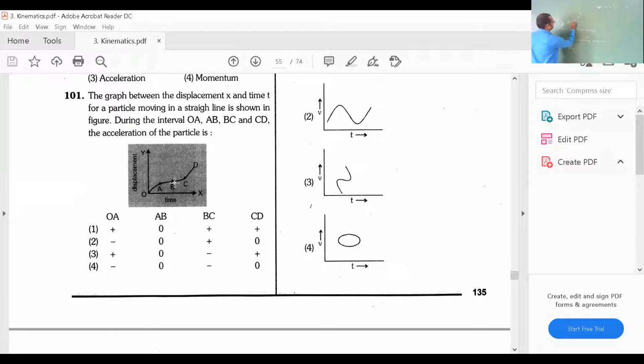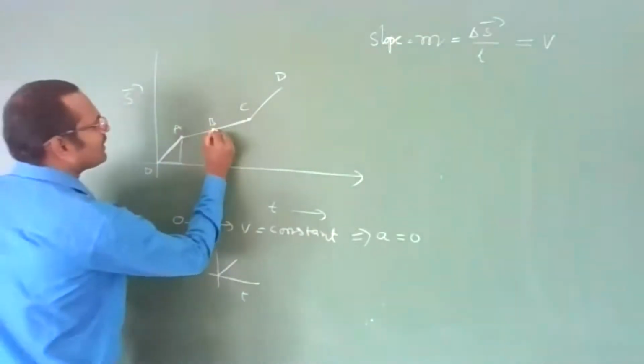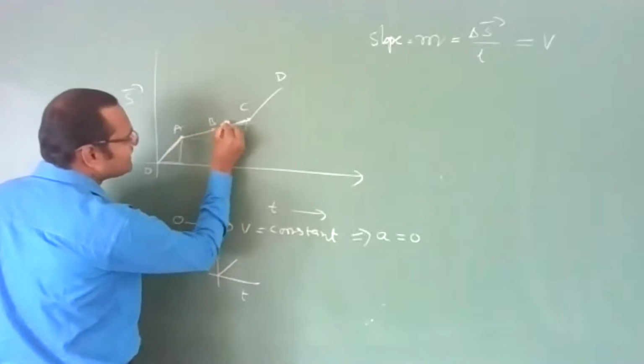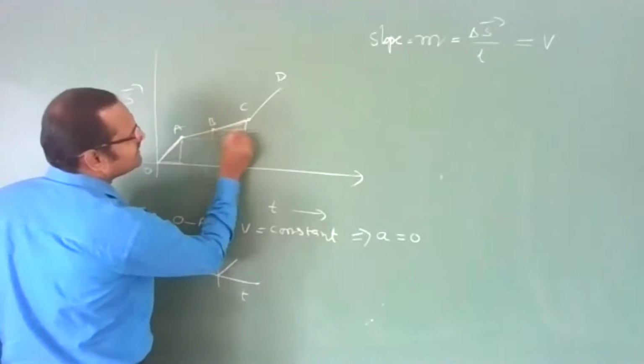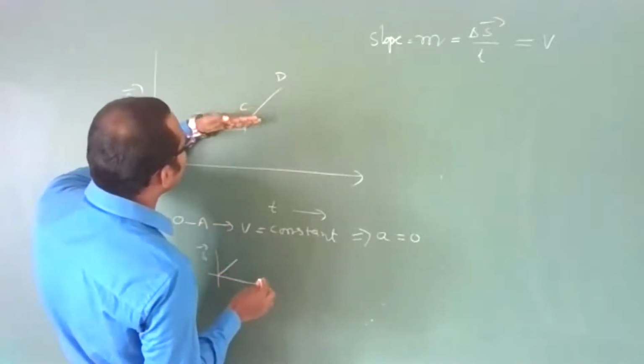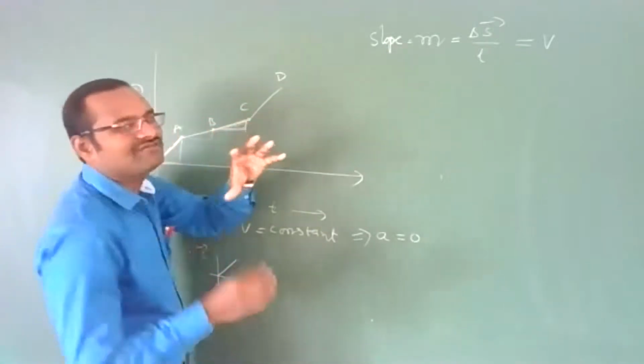Now go to the BC part. What is it showing here? See, in the BC part this slope has decreased compared to this. Slope decreases means velocity is decreasing.